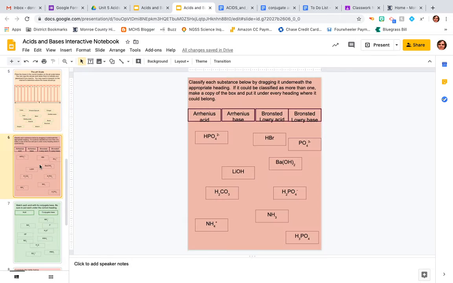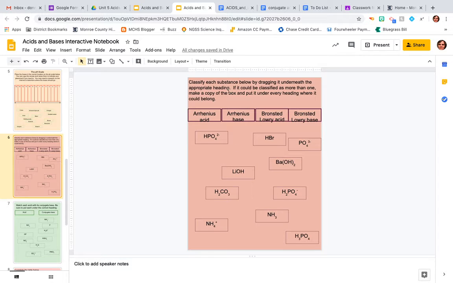Moving on, on this slide, it's telling you to put these boxes under the correct heading as far as classifying them as Arrhenius acids, bases, or Bronsted-Lowry acids or bases. Again, there's information on the PowerPoint, as well as we're going to talk about that in a few minutes about how to do this. But some of these things could go under more than one heading.